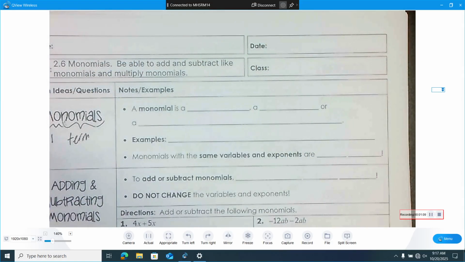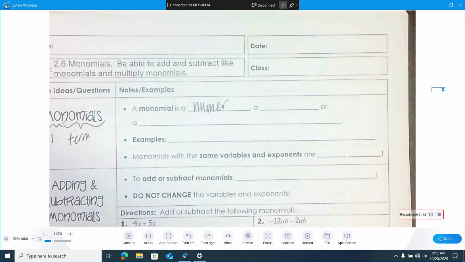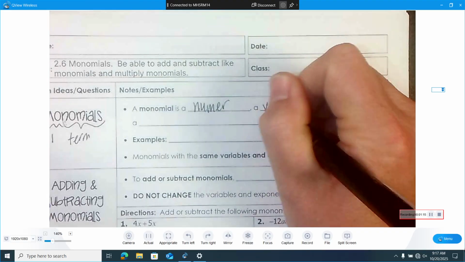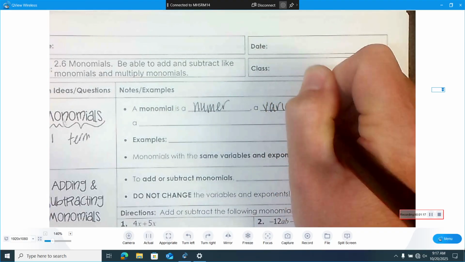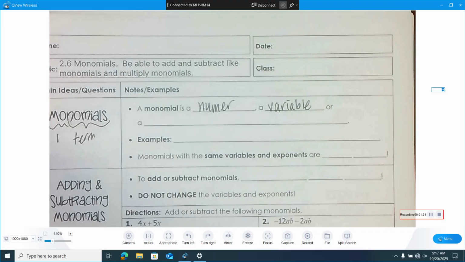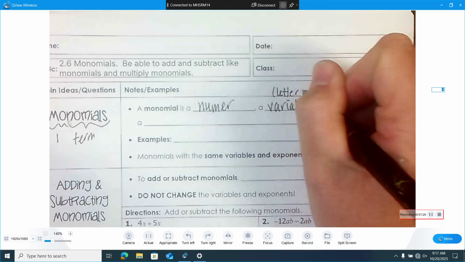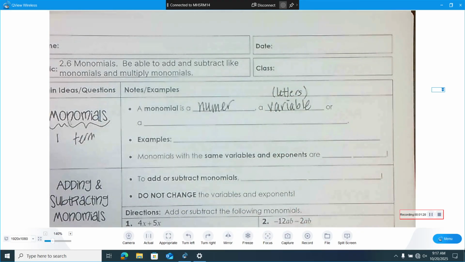One term. So a monomial is a number, a variable. And what are variables? It's like the X. It's the letters. It's the X. It's the A. It's whatever the letter is.